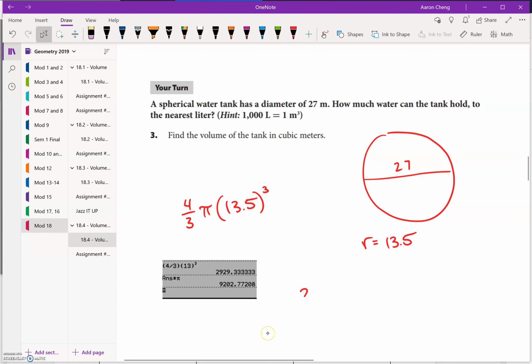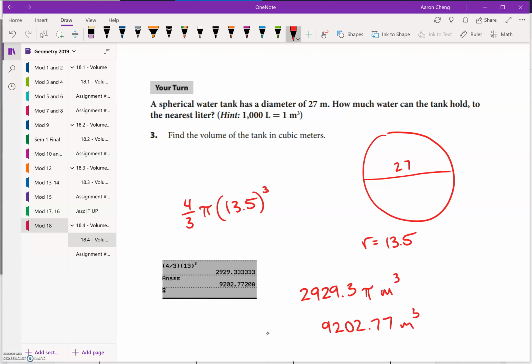So we either have 2,929.5 pi meters cubed, or 9,202.77 meters cubed. It's just the nearest liter actually, so I guess we'll say that, so 9,203. There you go.